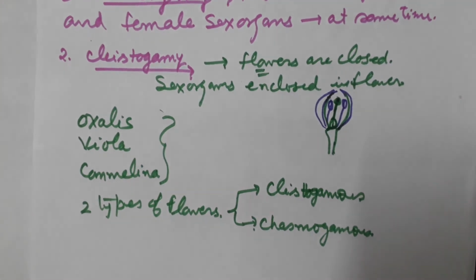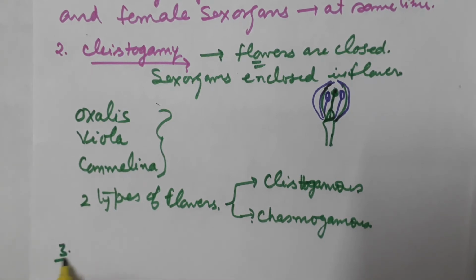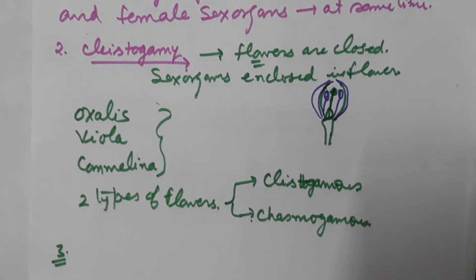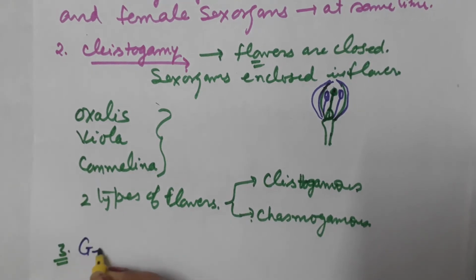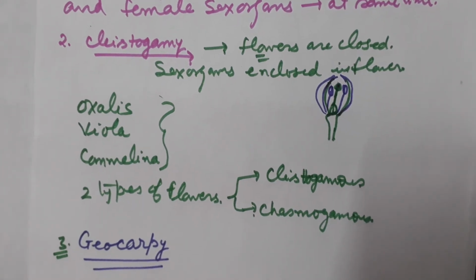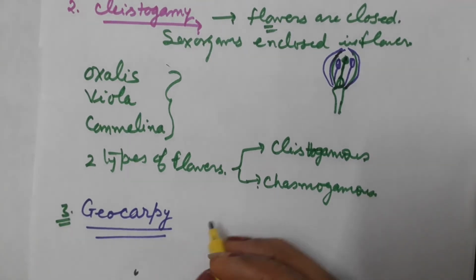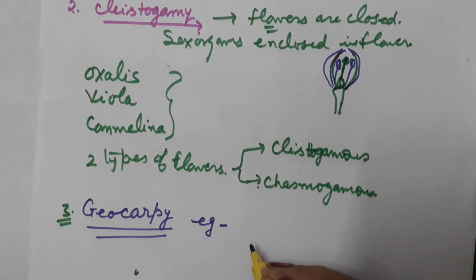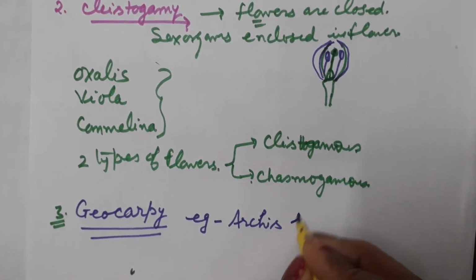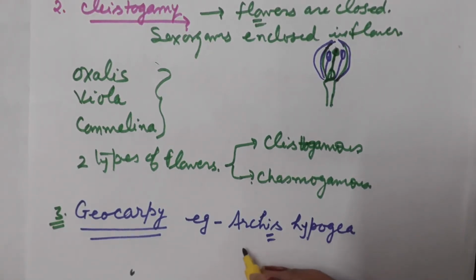The next condition which favors self-pollination is geocarpy. We can see geocarpy in the case of Arachis hypogaea, also known as groundnut.